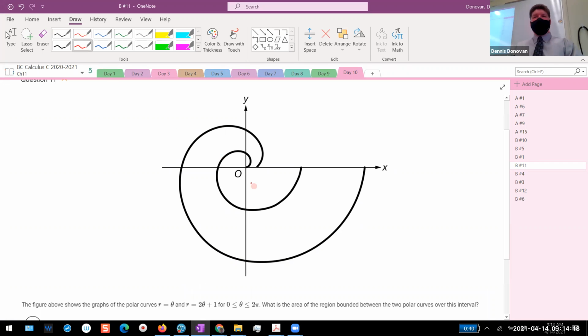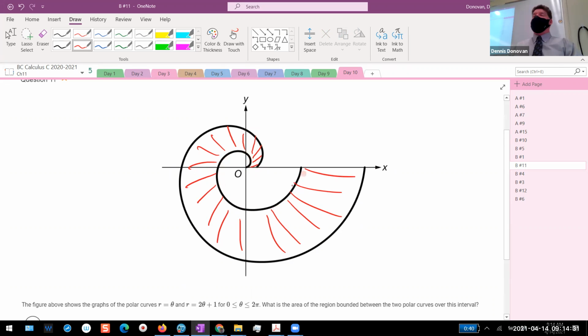So we're looking for the area between the 2 curves, right? That's simply the area of this curve minus the area of this curve. You just gotta know which one's which. This inside curve is r equals theta because that's the one that starts at 0.